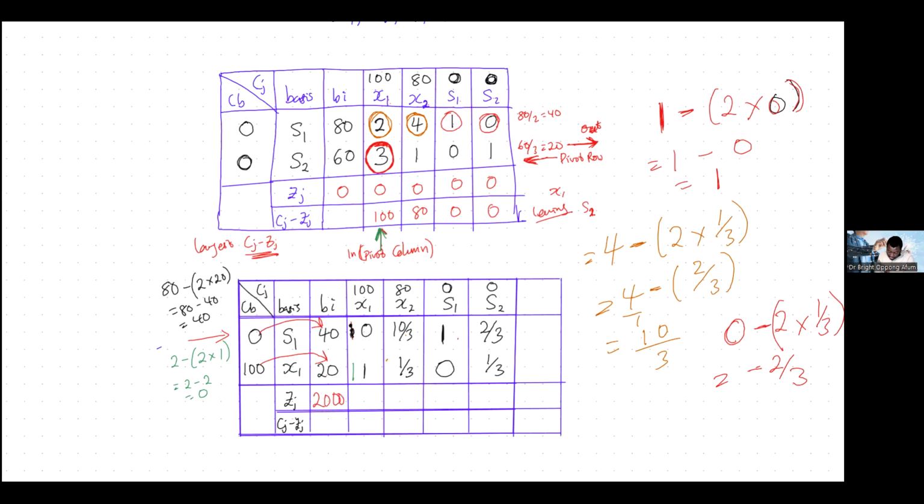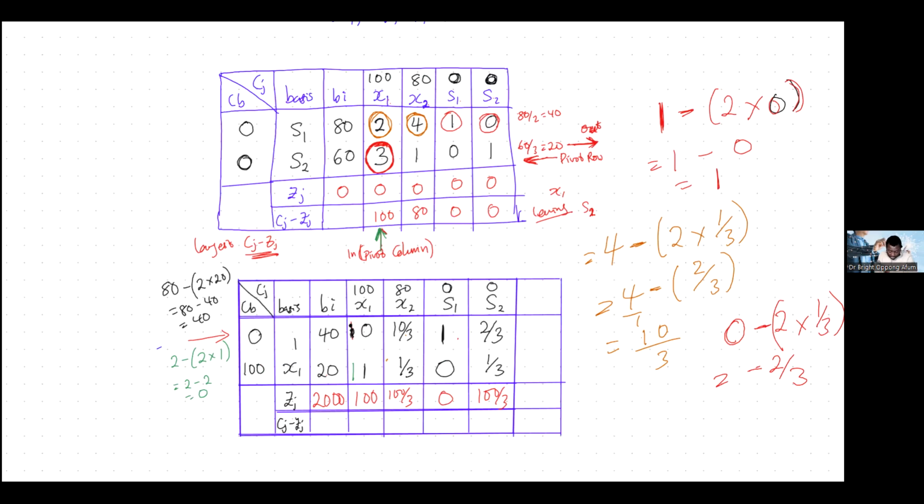Then the next one, CB times this coefficient, this times this contributing value, and that will be 100. 0 times this plus this times this, and that will be 100 on 3. 0 times 1, 0 times 0, and that will be 0. 0 times this, 100 times this, and that will be 100 on 3.